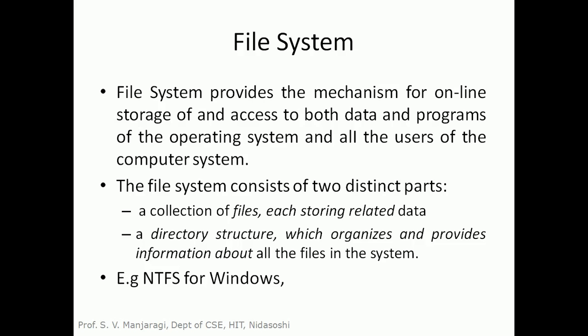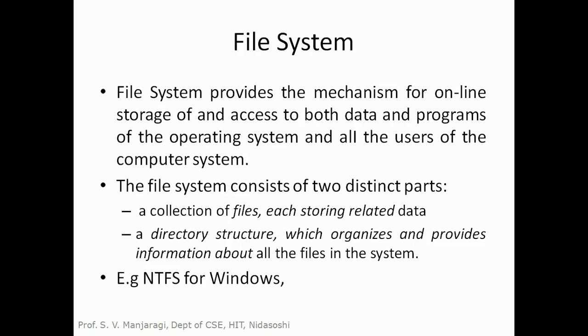The file system basically provides the way through which we can organize the files in the computer system. It provides a mechanism for online storage of and access to both the data and programs of the operating system, and all the users of the computer system can use the file system.